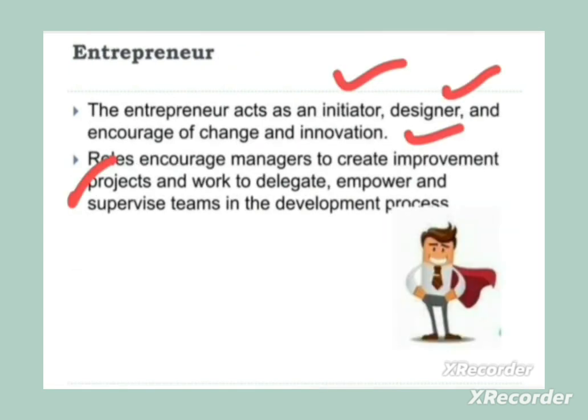So entrepreneurial role, when they have to take initiatives, design a new project, or encourage innovations in the organization. So the manager is the person, and that role is performed by the manager. If there is a delegation of responsibility or authority for a project, or empowering of the employee, it is done by the manager.